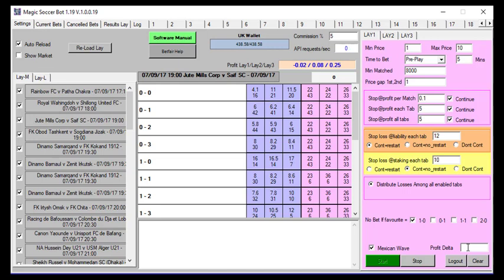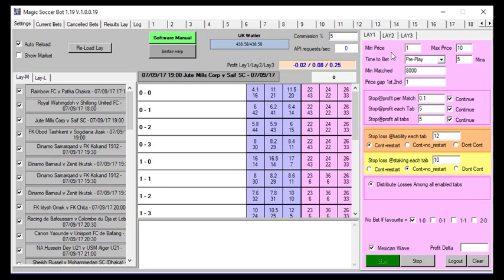So in theory, if you had 100 bets and 90 lost, and you had no profit delta, and your target was say £1, you would make £90. But if you had the profit delta at £1 as well, and you had 90 winning bets out of 100, you would win £100 because those losing bets would have another £1 added to them to recover. So that's what profit delta does.